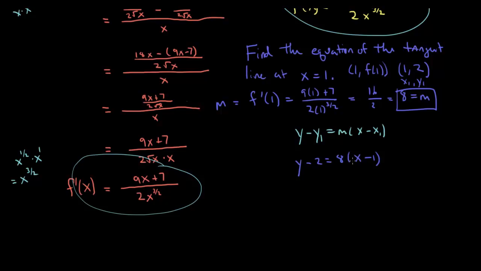Of course, we need to simplify this, so put it in slope-intercept form. We could say that y equals 8x minus 8, distributing the right-hand side, and then adding 2 to both sides, we get y equals 8x minus 6. So there is the equation of our tangent line at the point 1, 2.